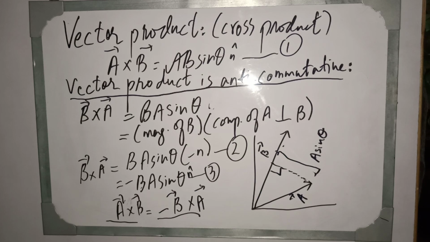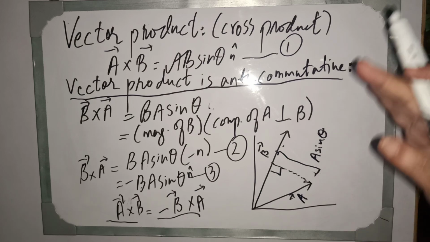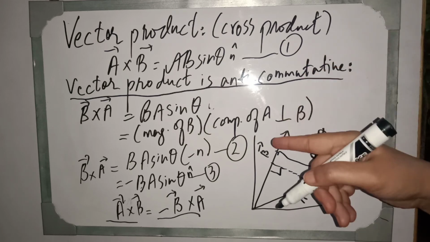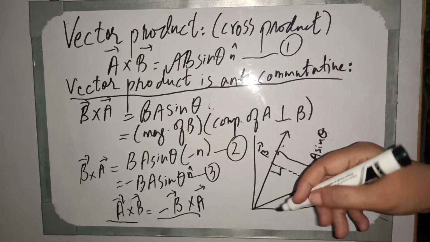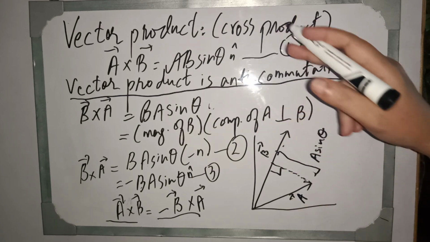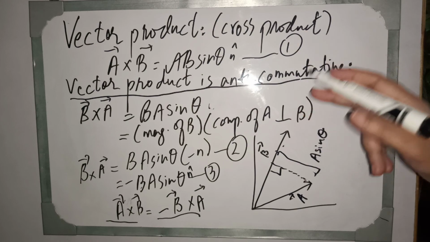So vector product is non-commutative or anti-commutative. As in the previous lecture, I have told you that scalar product is commutative. This is the property of scalar product, but the vector product does not obey the property of commutation. So this product is non-commutative. Thank you very much.